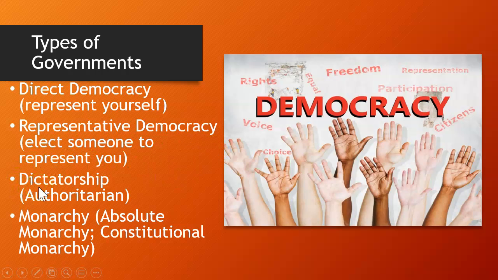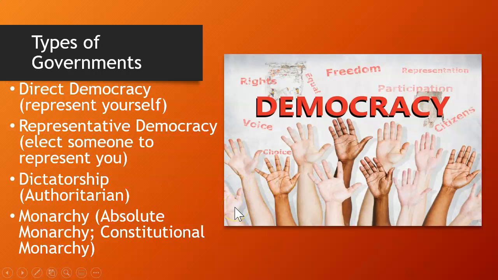Okay, there's dictatorship, which are authoritarian governments. Those are governments where you have one person or a small group of people control the entire government. They say what the people can and cannot do, and they can change their minds whenever they want. If they decide one day they want their people to have free speech, the next day they don't, they can do that.